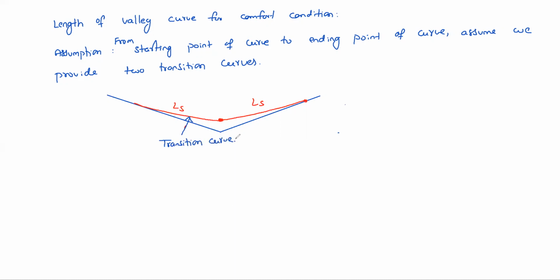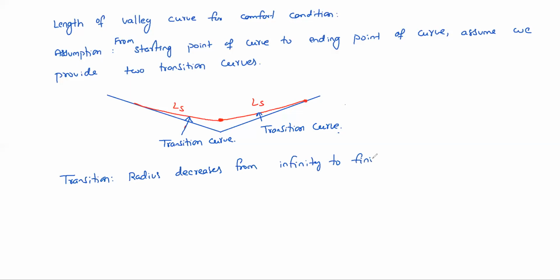Why are we assuming a transition curve? In a transition curve, what is transition actually? The radius of the curve decreases from infinity to a finite value.